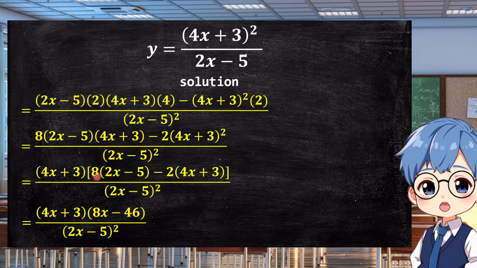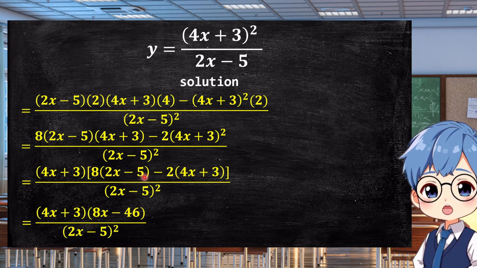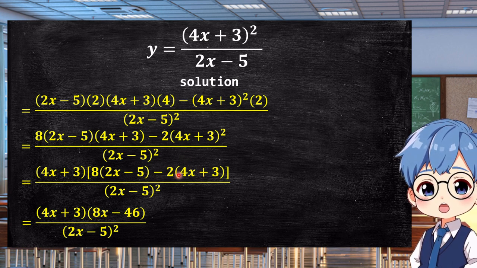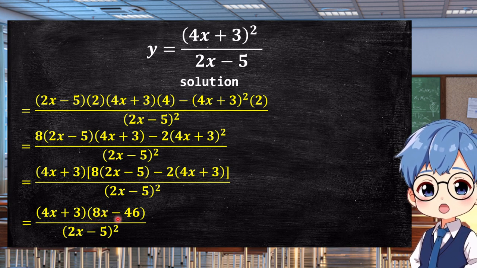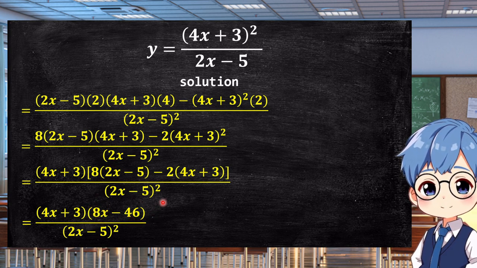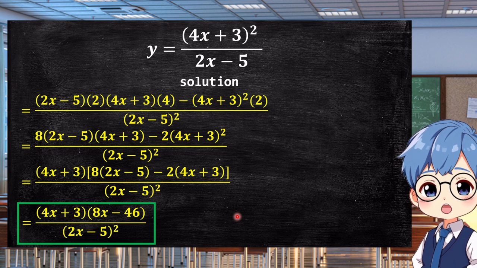That will give us 16x minus 40. And then here we distribute negative 2 to 4x. So we will have negative 8x. Then we have here minus 6. If you try to simplify this, it will give us 8x minus 46 in this part. So the final answer is 4x plus 3 quantity times the quantity of 8x minus 46 all over 2x minus 5 squared.